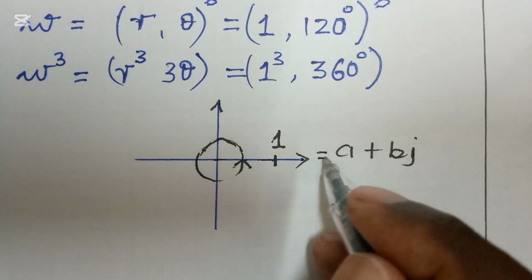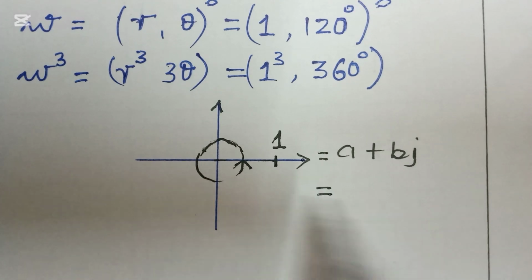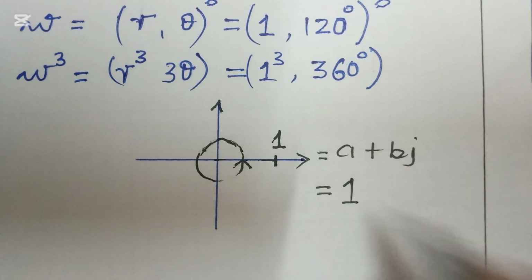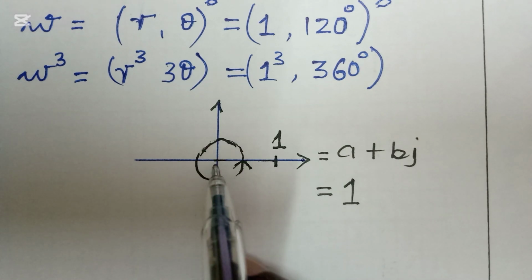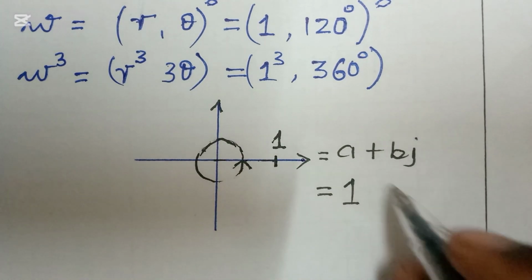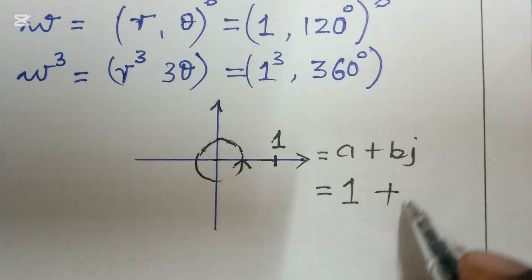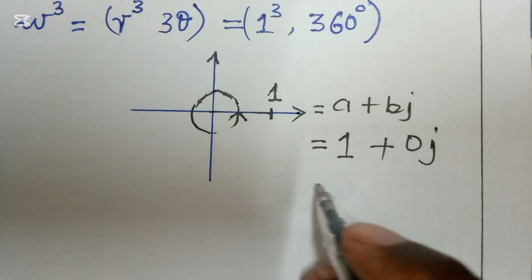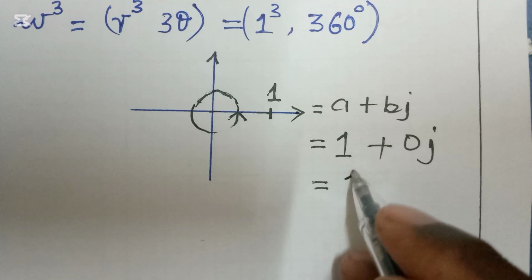We shall have a, the real part on the x-axis, which is 1, and then the imaginary part along the y-axis is actually supposed to be 0, that is 0j. And so therefore, guys, our answer is going to be 1.